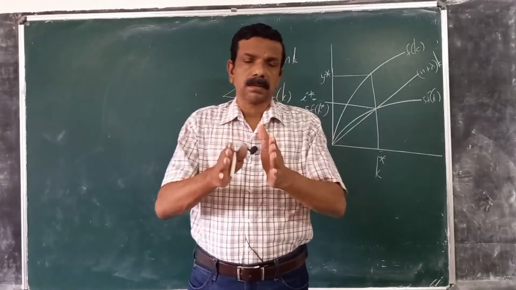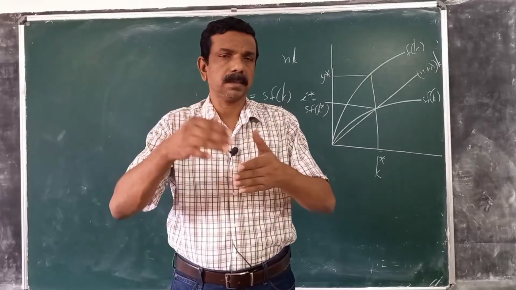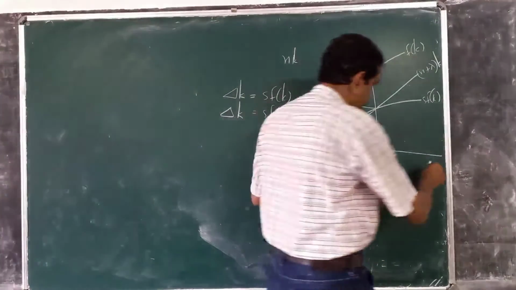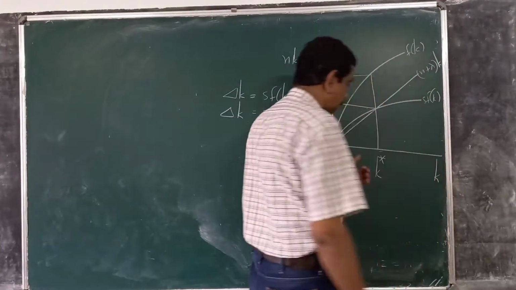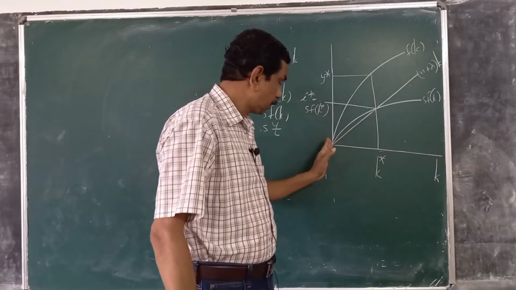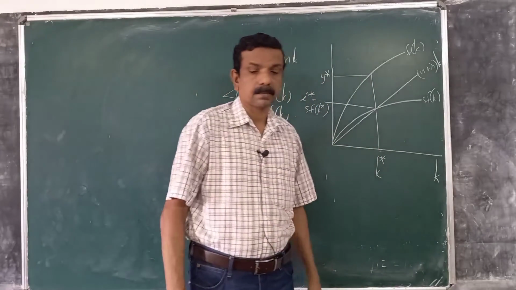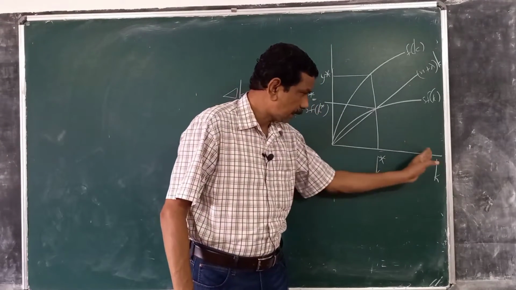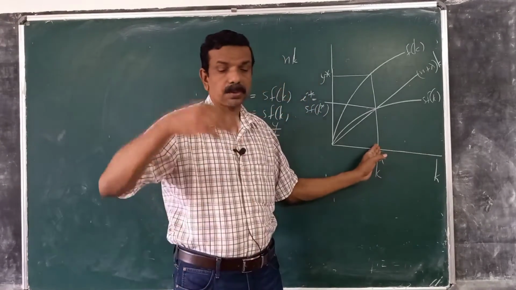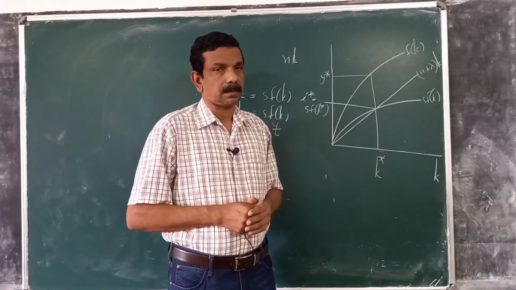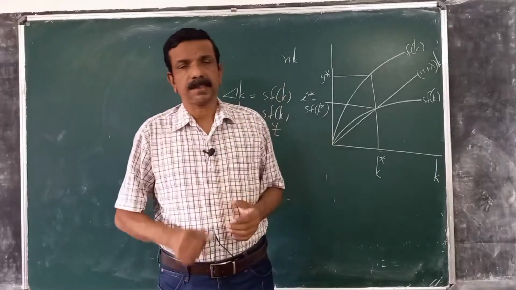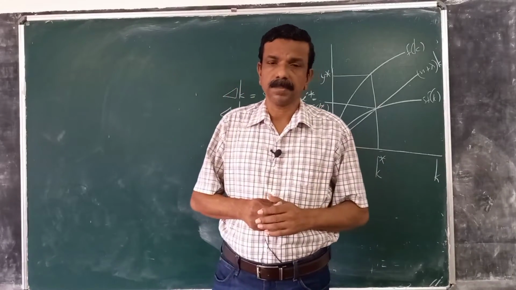And as in our previous discussion, if actual k is less than k star, the economy moves towards k star. If actual k is greater than k star, again the economy moves towards k star. And the explanation is the same as we provided in the previous sessions.